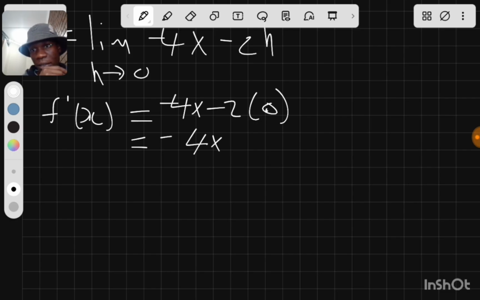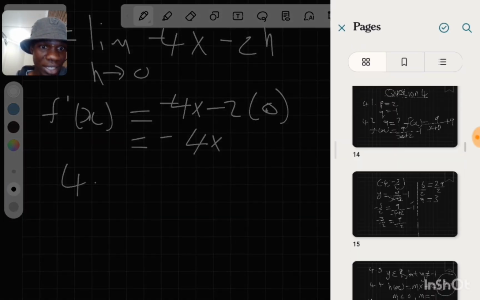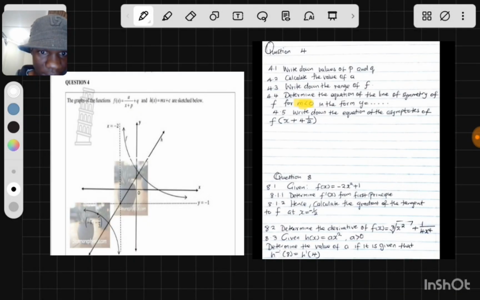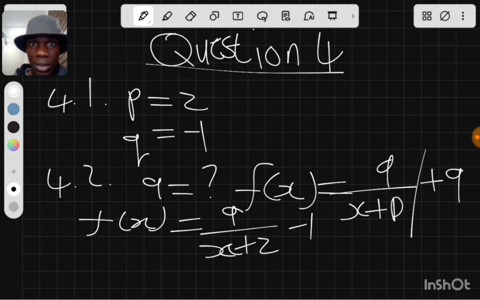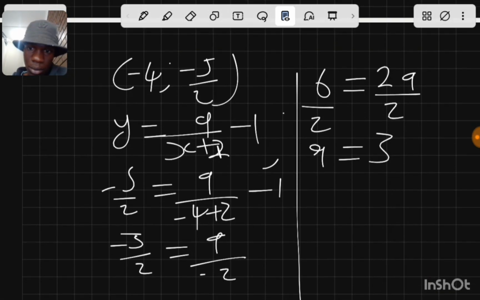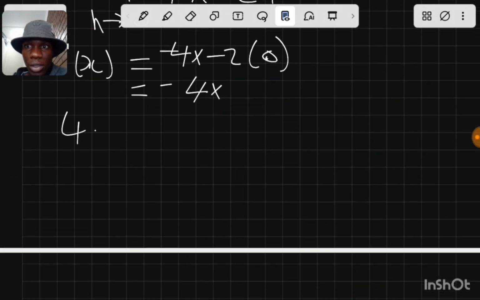And this is the first derivative of x. You see that you already have your answer here, guys. You don't need to go and differentiate again because you already differentiated there. So we are left to only substitute x in our derivative.